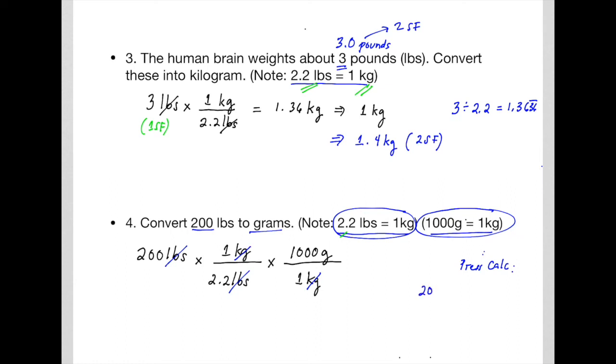I have here 200 divided by 2.2, then press equal sign, and then after that press times 1000.